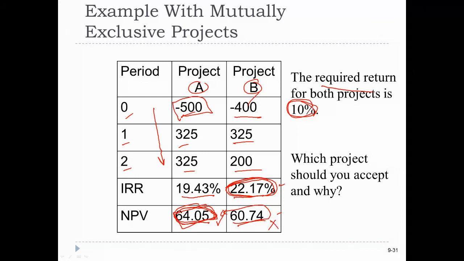The fact that the rate of return, the value created per dollar, is higher for Project B, well, it might be nice, but choosing Project B doesn't maximize the value of the business, and that's what we were setting out to do throughout the entire semester.